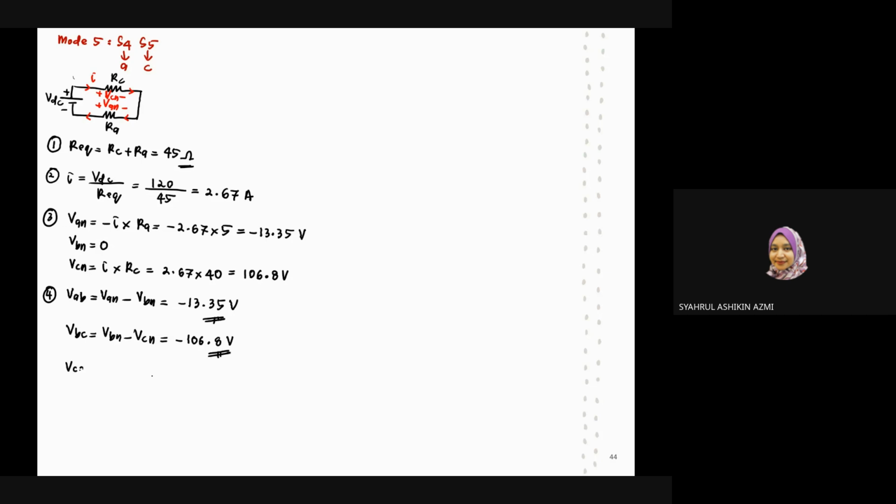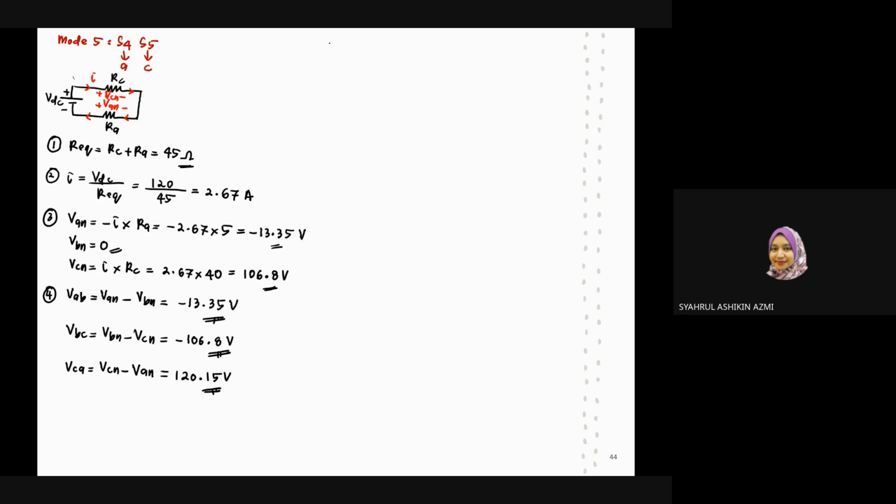And VCN minus VAN: VCN is 106.8 minus negative 13.35. The answer is 120.15 volt. So these are the values for your phase voltage and line to line voltage in mode number 5.